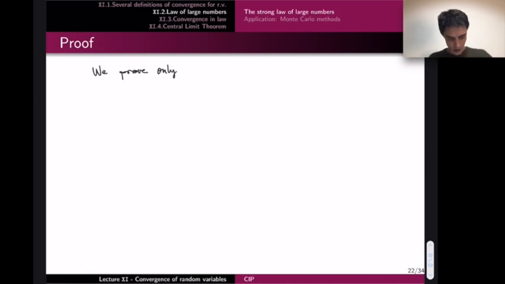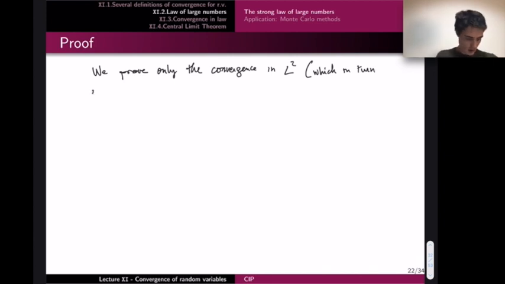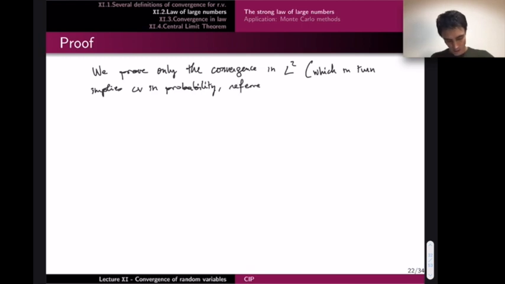Like I said, almost sure convergence is a bit too difficult, so we prove only the convergence in L2, which in turn implies convergence in probability.